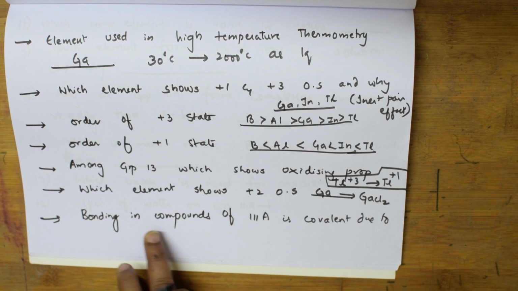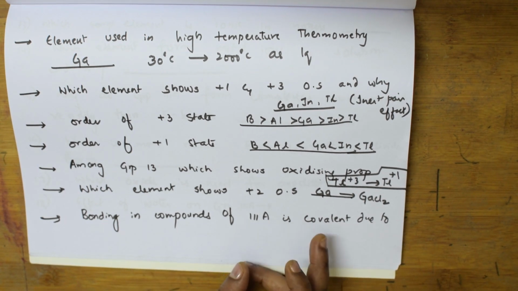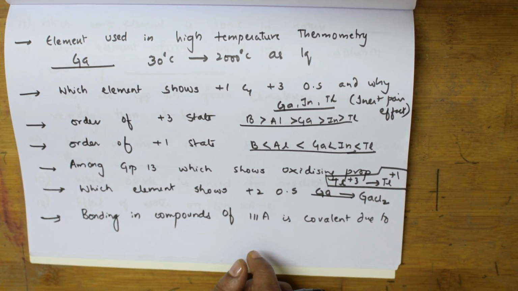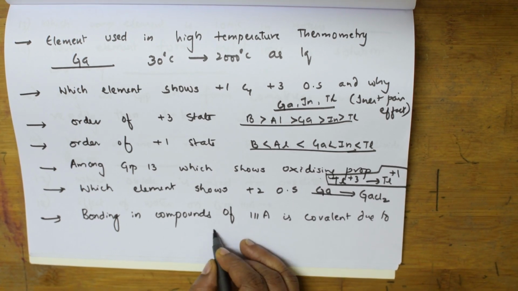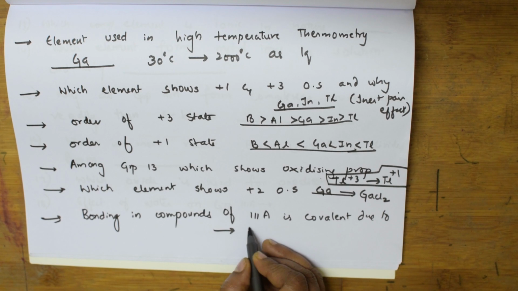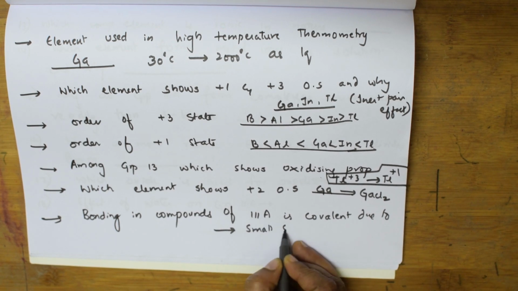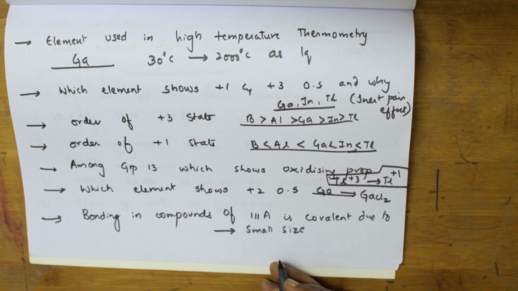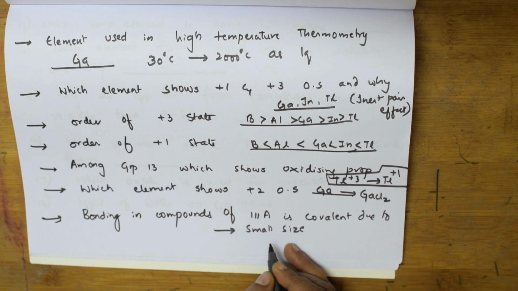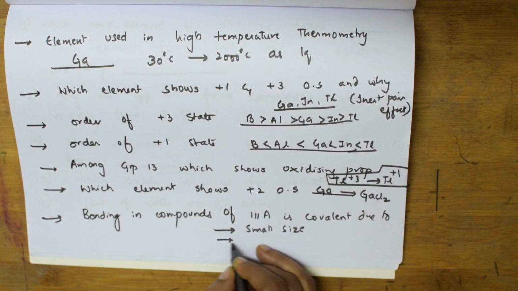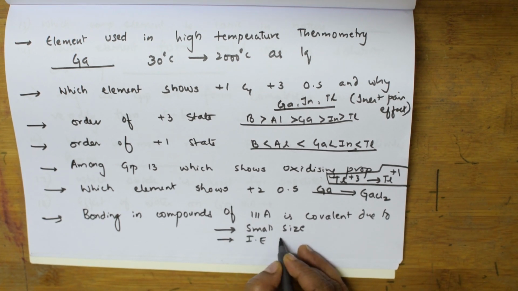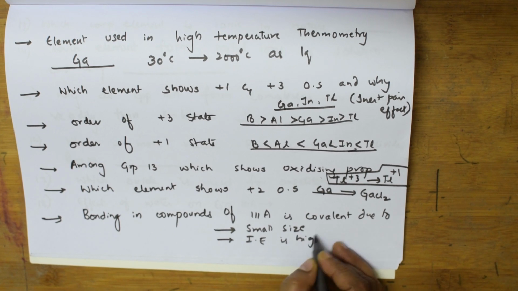They've asked, bonding in compounds of 3A is covalent due to what? Why is it forming a covalent bond? Basically, the characteristic which depends on the covalent nature is small size. When the size is small, polarizing power will be more, isn't it? Right? Now, that is one reason. Next, ionization energy is high. This reason also accounts for the covalent nature.